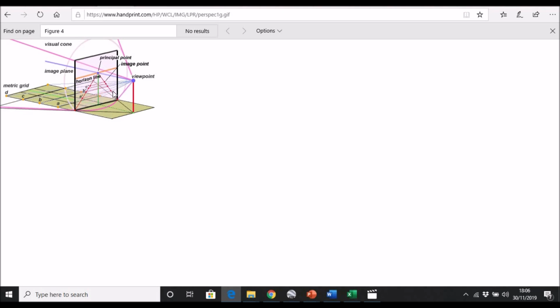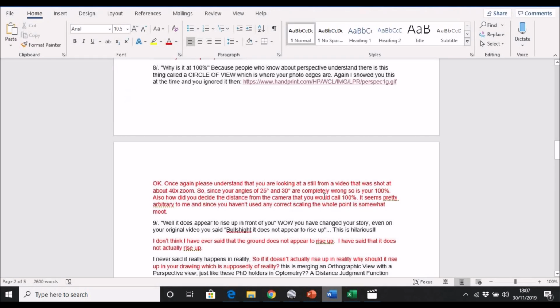Well, it doesn't actually show D, I don't think. But that's all very well, but has nothing to do with the observation that we're talking about, or how a camera actually works, although it will capture the image in a similar sort of way.